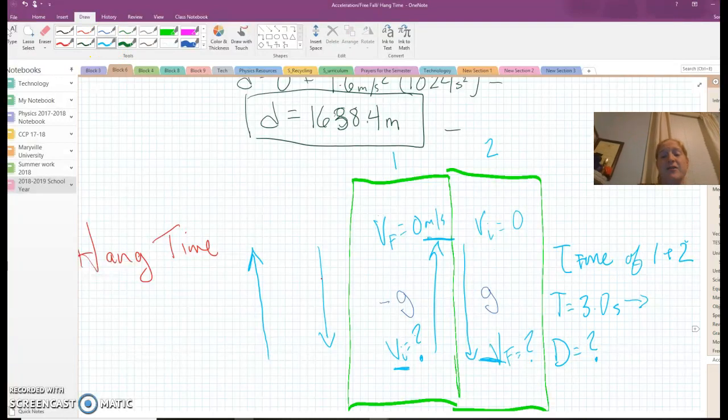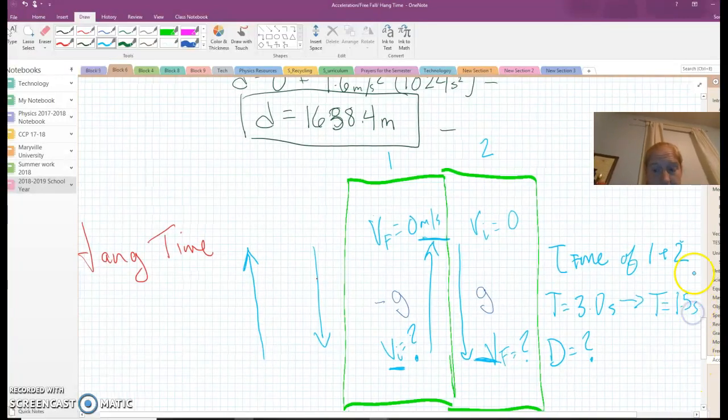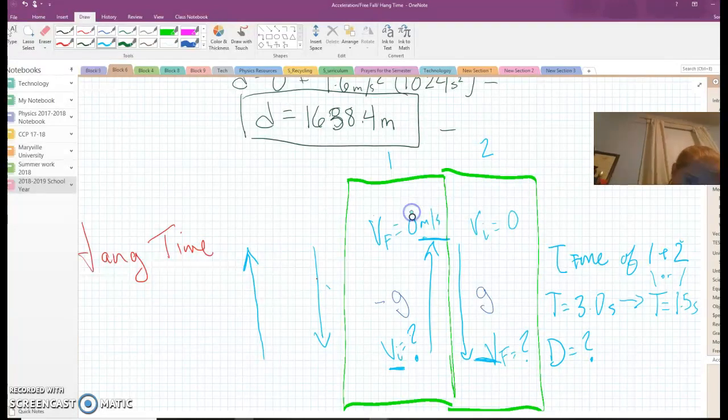So if I have a total time of 3 seconds, I know the time in just free fall is 1.5. Sorry, brain fart right there. Does that make sense? That is the time of just side 1 or side 2. It took 1.5 seconds to reach its peak, and it took 1.5 to come down. So time equals 1.5, time equals 1.5, and time is always positive.